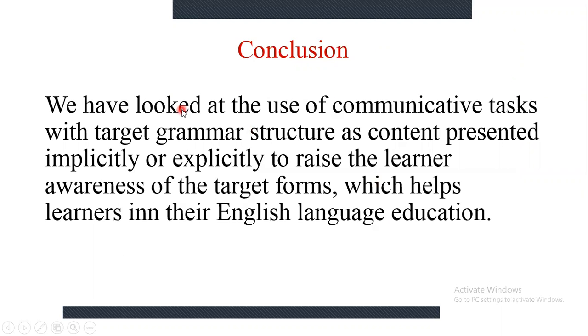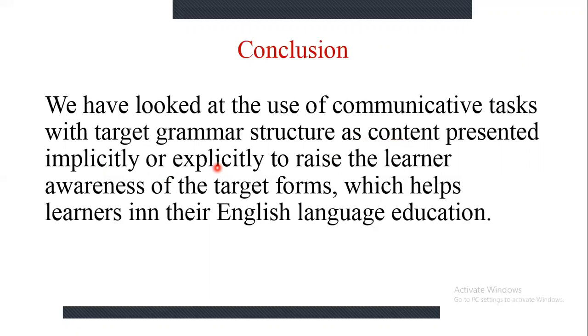In conclusion, we have looked at the use of communicative tasks with the target grammar structure as content, presented implicitly or explicitly. We talk a lot at the moment about implicit or explicit. Implicit means no highlight, not presented directly.